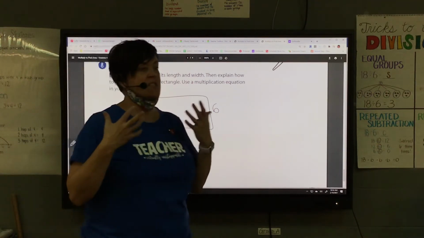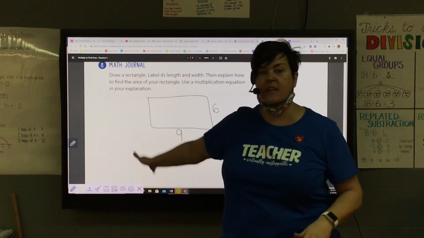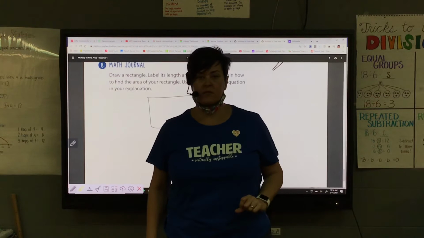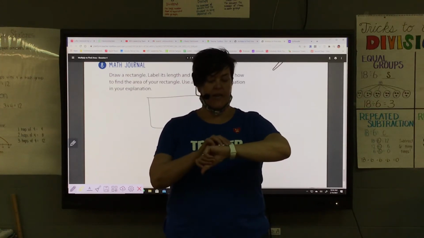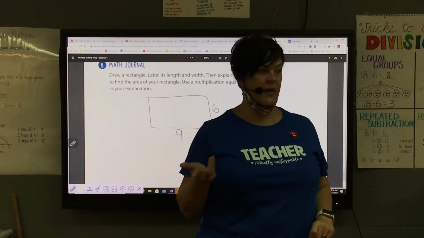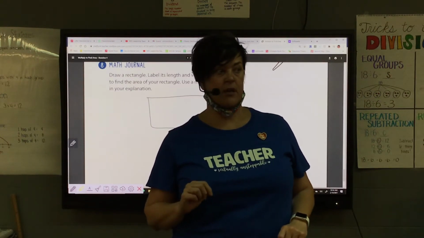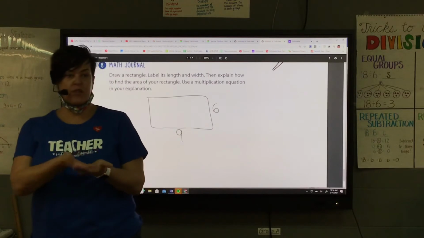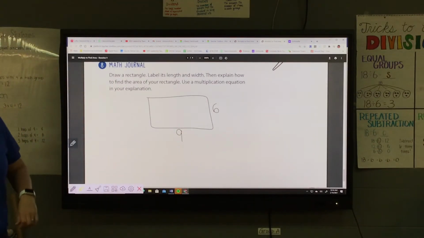No, you're just explaining it in words. How to find the area of the rectangle you drew. Any questions? Okay, I think this will go quickly, so I think we can do it in 1 minute. All right, go ahead and get with your partner. Take your book with you to show them what you drew and start explaining.